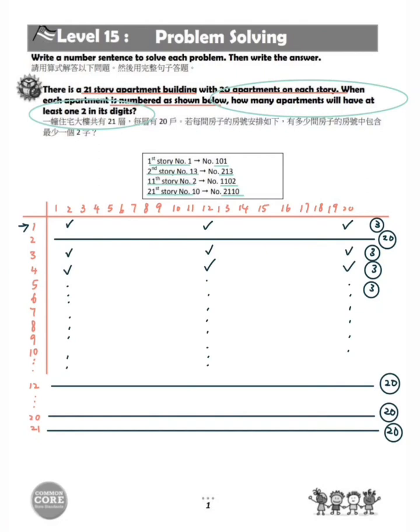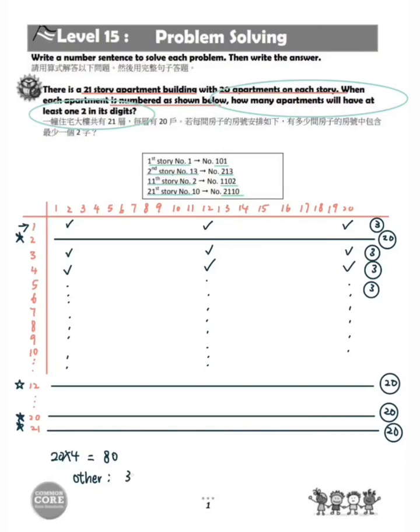So now we know that there are 4 floors having 20 apartments with at least one 2. That means the total number is 80 apartments having a 2. Then the rest of the floors will be having 3 apartments.